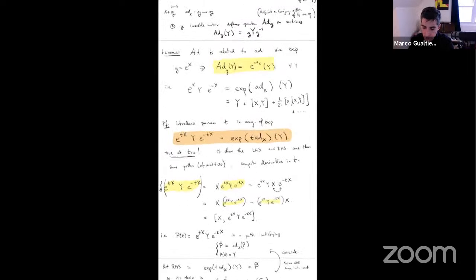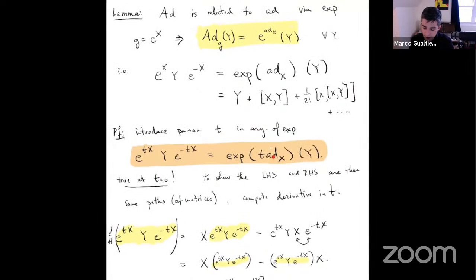The lemma is basically saying that if the adjoint action ad X of Y is 0, then the exponential of this adjoint action will also just be Y. It'll just have the first term, the identity.